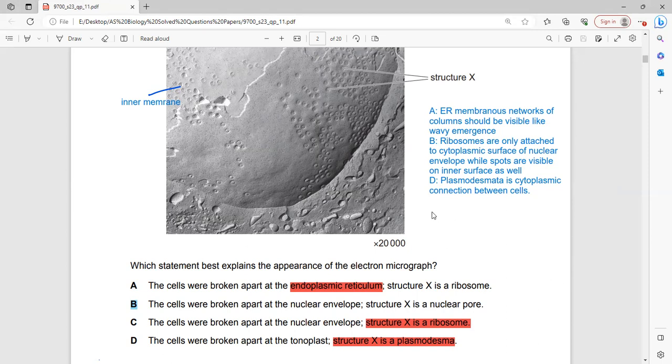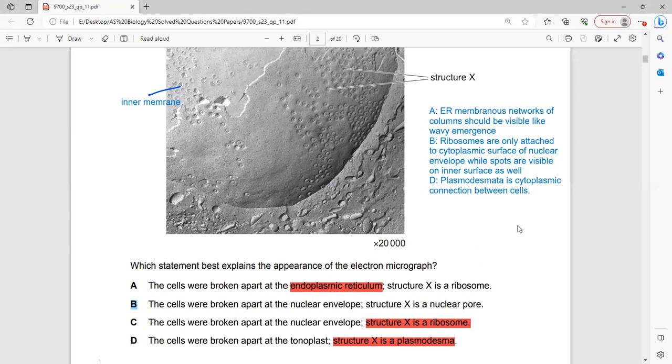Here, no network of membranes formed by endoplasmic reticulum is visible. That's why it's a completely smooth surface, with no wavy appearance. So endoplasmic reticulum is a wrong option here.